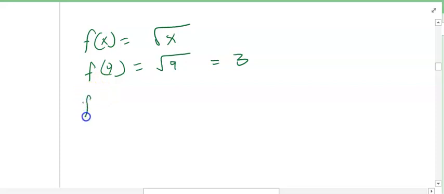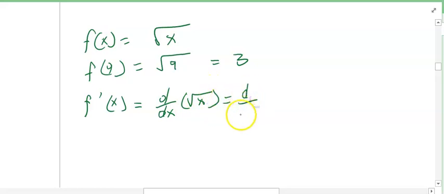Then I want to find f prime of x. f prime of x would be equal to d dx of radical x, and rewriting that, d dx of x to the 1/2. The derivative of x to the 1/2 by the power rule is 1/2 x to the negative 1/2.